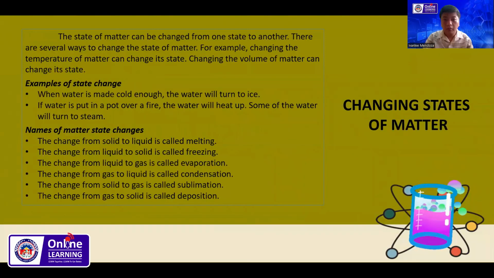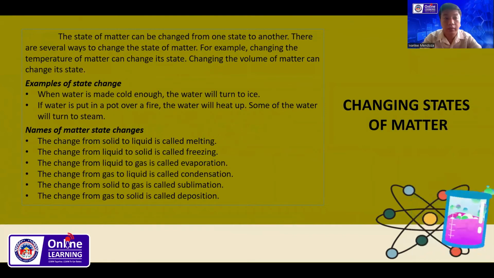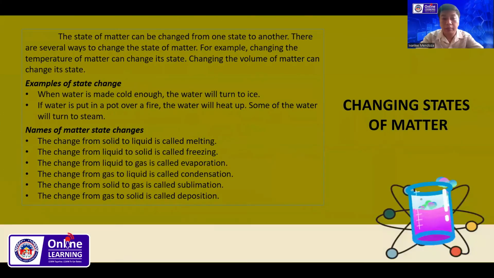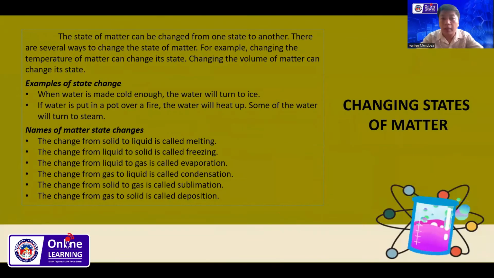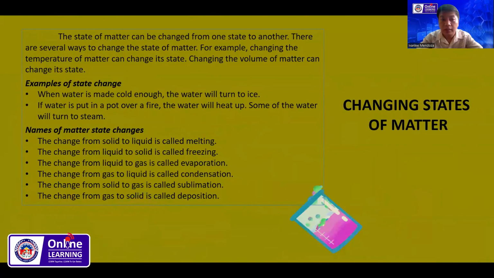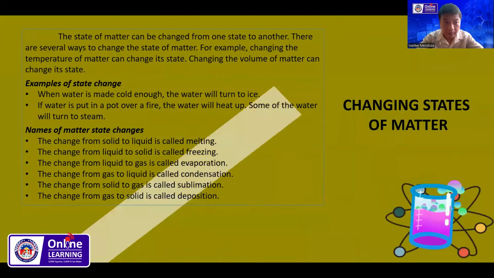Okay, now we have also what we call changing states of matter. So the state of matter can be changed from one state to another. There are several ways to change the state of matter. For example, changing the temperature of matter can change its state. Changing the volume of matter can change its state.